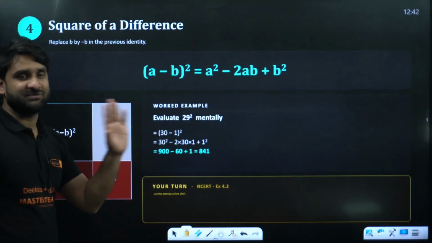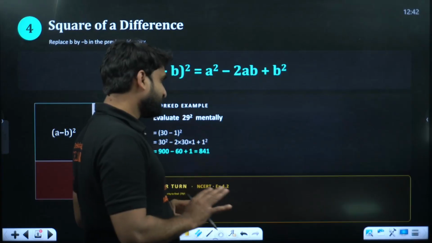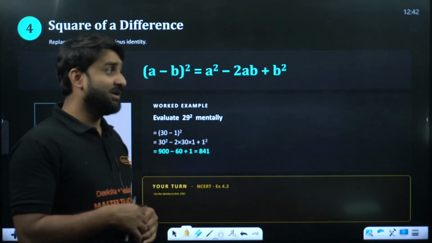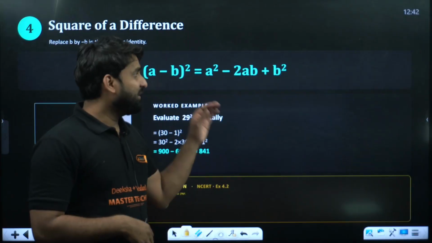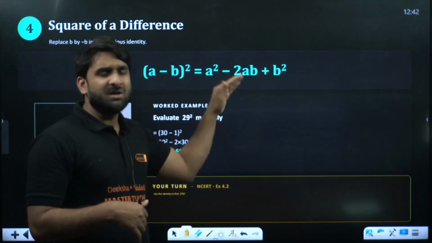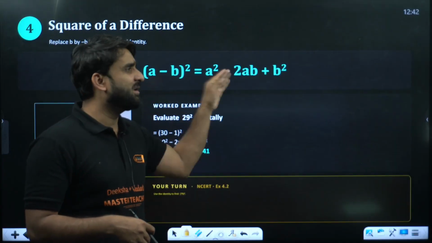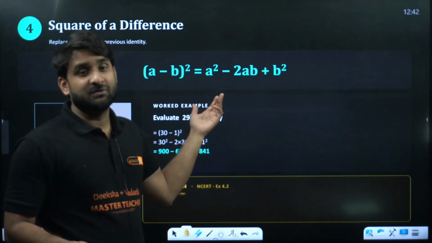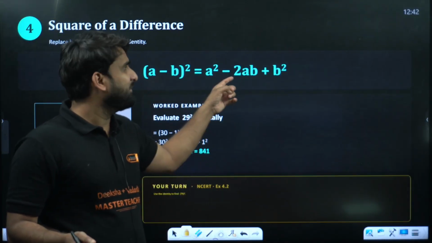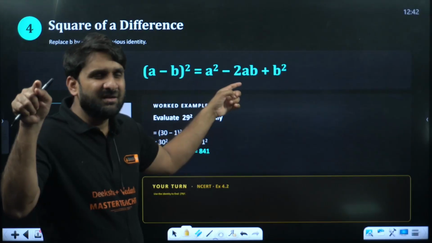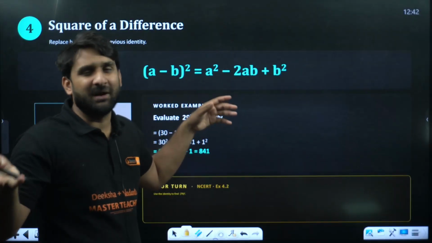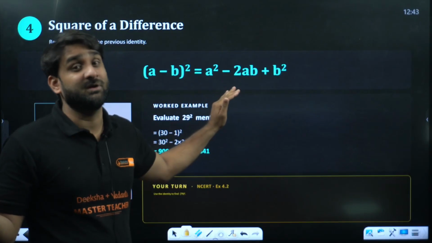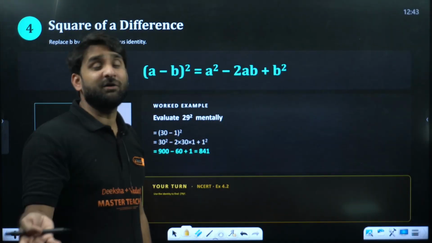So let's prove this first, how it came. When we prove the identity, it gives you confidence. Yeah, this is powerful. But if you are just memorizing the formula without knowing the backstory, it will feel like you are just doing things for formality. You don't have clarity on how it came, how it was derived.